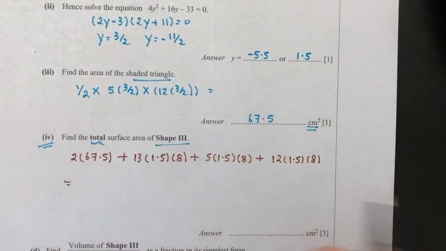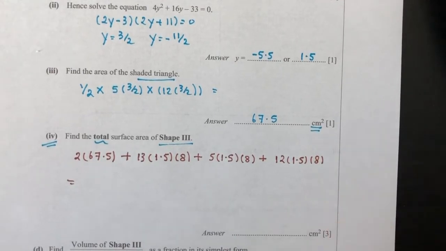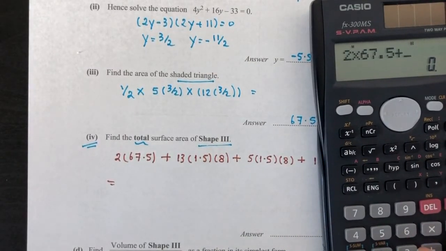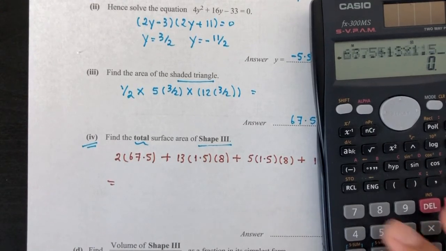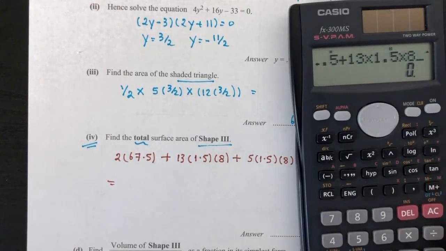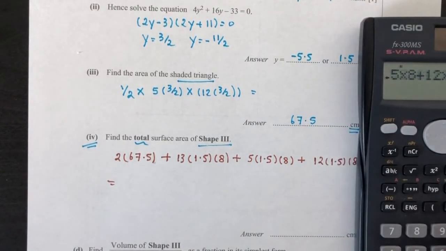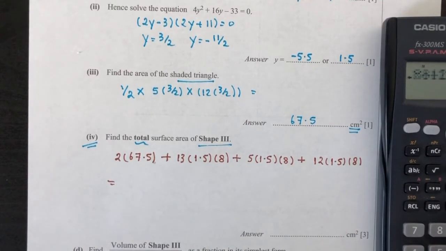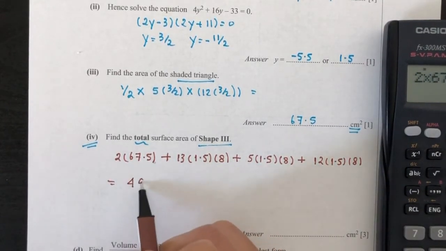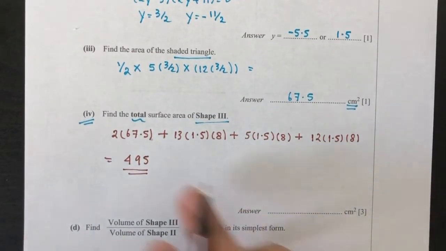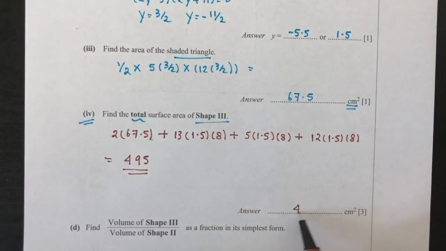Okay, let's solve this and find out the values. We have 2 times 67.5 plus 13 times 1.5 times 8 plus 8 times 8 plus 5 times 1.5 times 8 plus 12 times 1.5 times 8. That should give you 495 as your area for shape 3. 495 centimeter square.